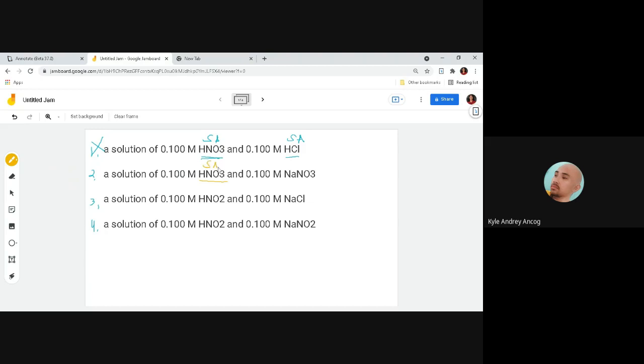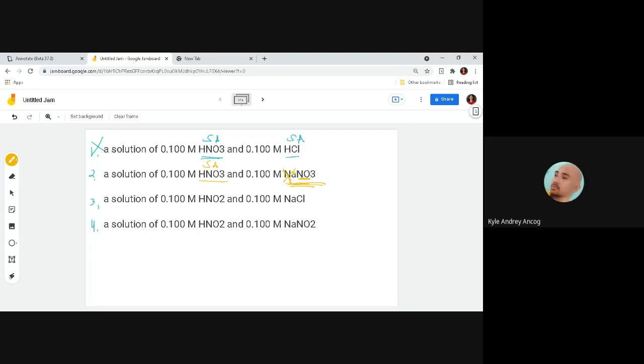Sodium nitrate. NaOH is a strong base, and NO3 is its conjugate, the conjugate base.